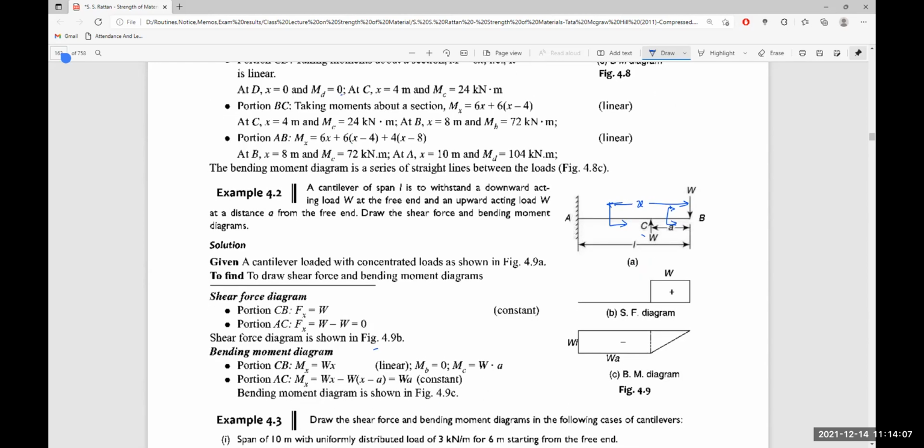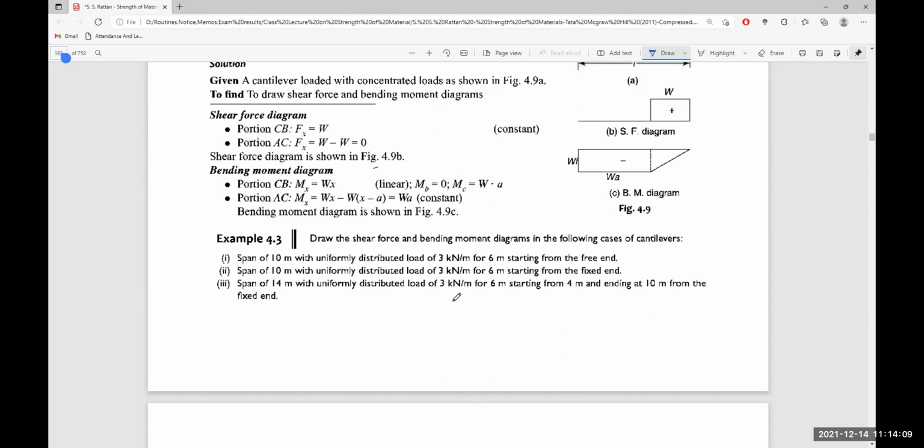Next, example 4.3. Draw the shear force and bending moment diagrams for the following cantilever cases. A span of 10 meters with a uniformly distributed load of 3 kilonewton per meter for 6 meters acting from the free end. What is given? The span length is 10 meters from end to end. The uniformly distributed load of 3 kilonewton per meter acts for only 6 meters starting from the free end.